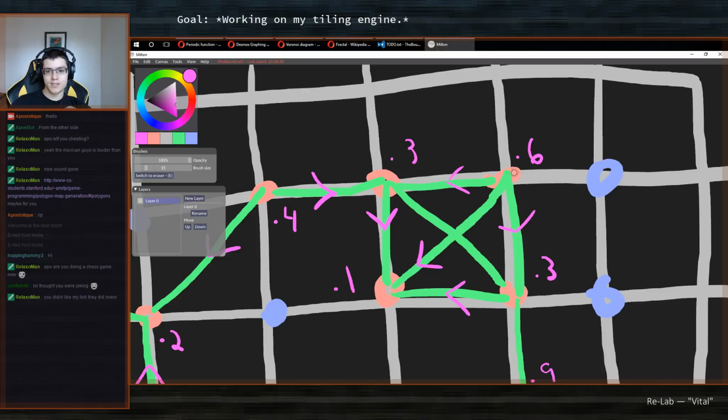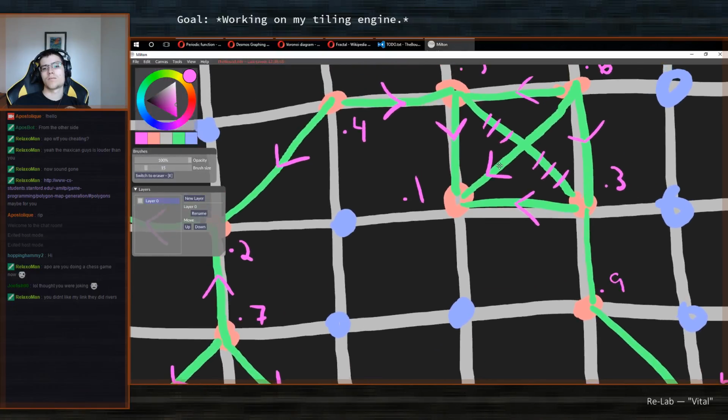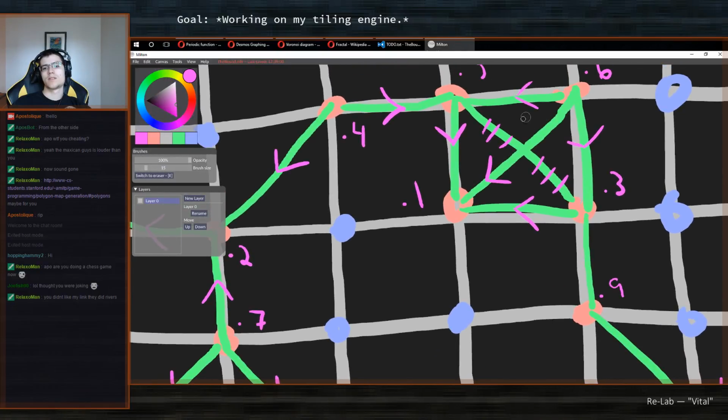So this one splits into 3. If they are equal, maybe there's no path there. This is still pretty weird.